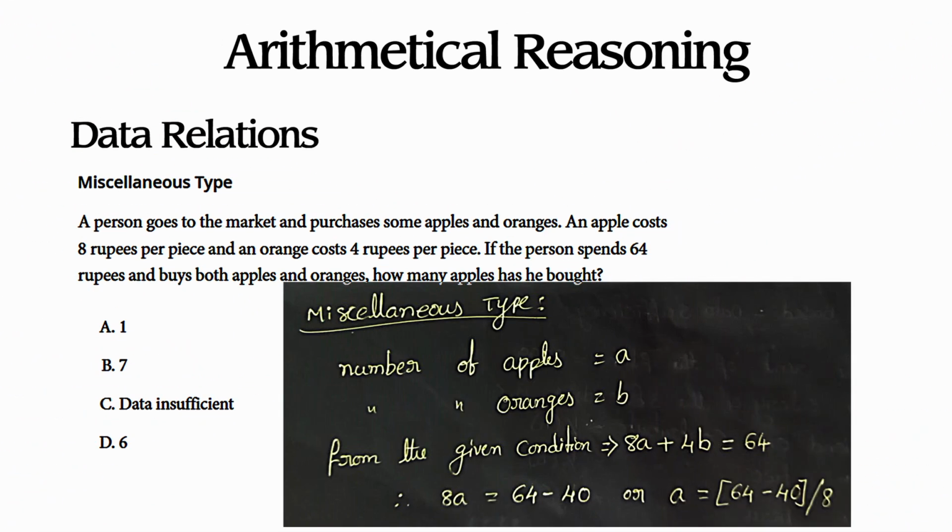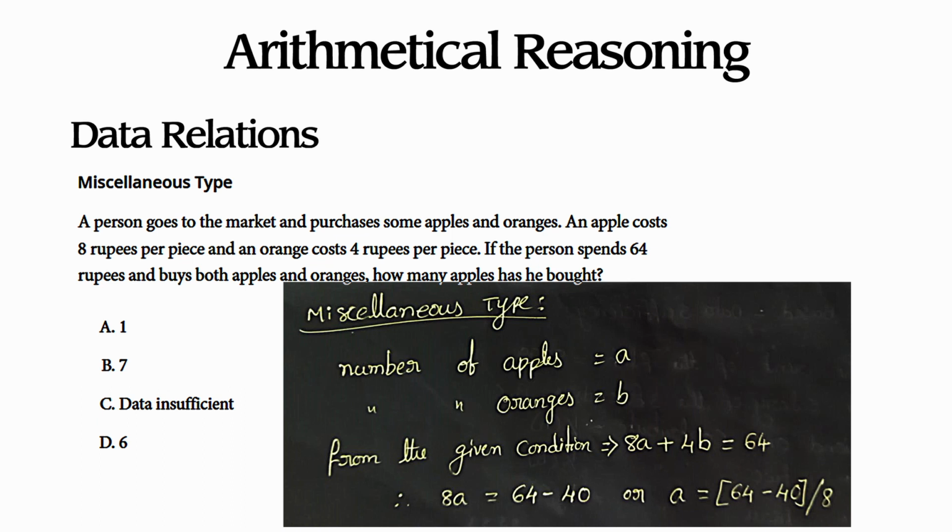Let A be the number of apples and O be the number of oranges. From the given condition, we have 8A plus 4O is equal to 64. This gives 8A is equal to 64 minus 4O, or A is equal to (64 minus 4O) by 8.